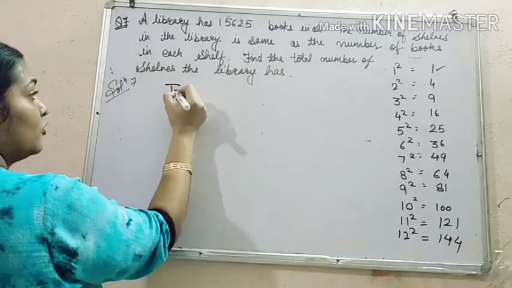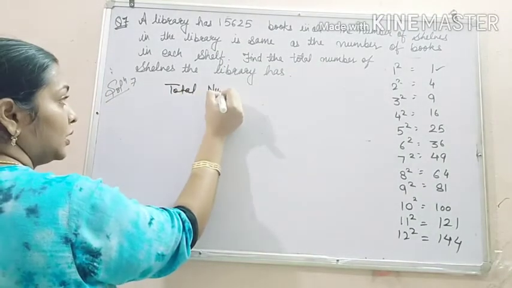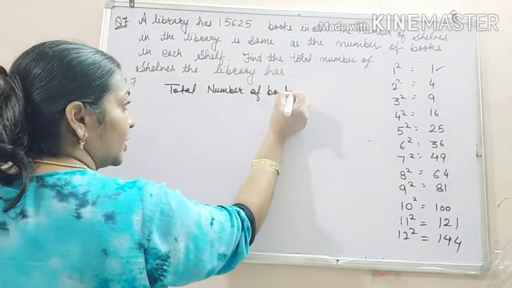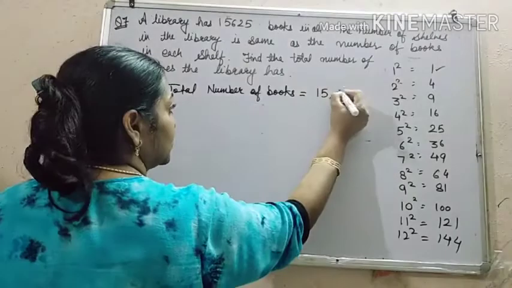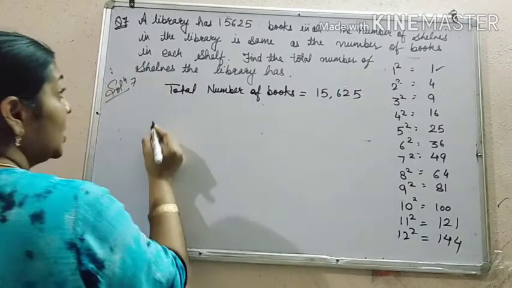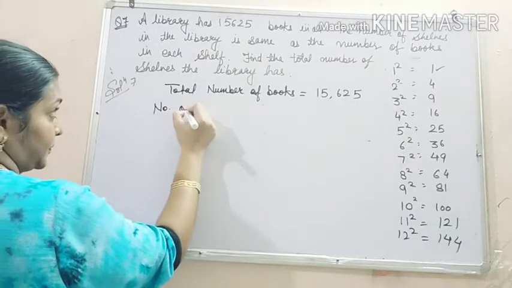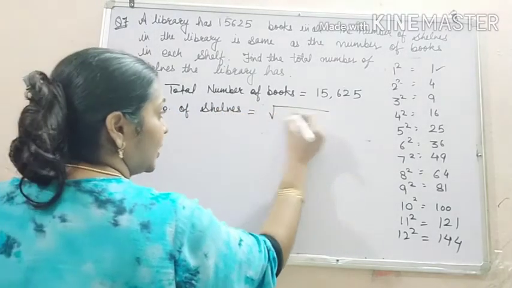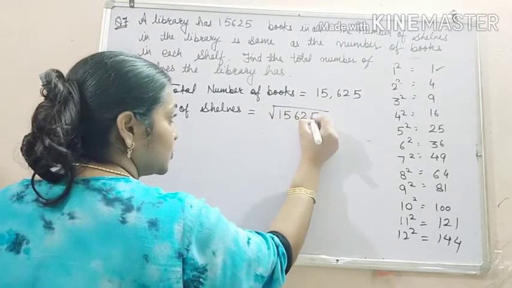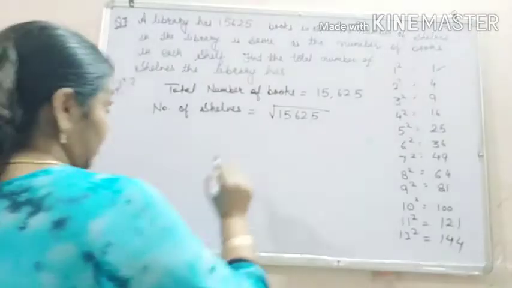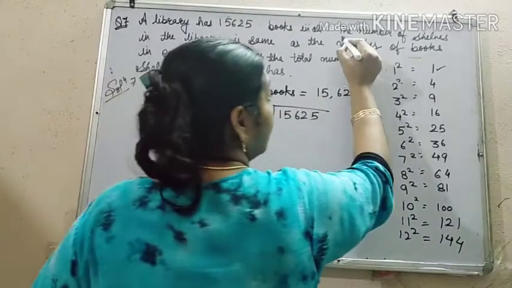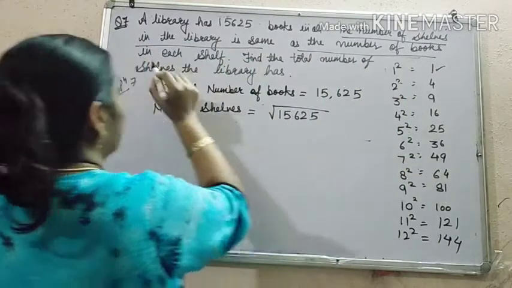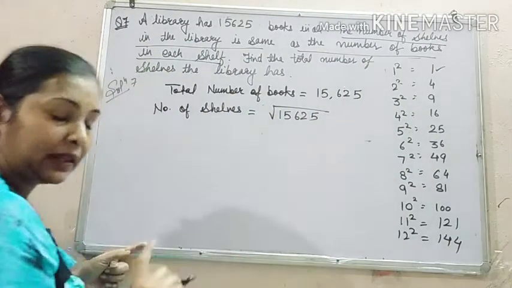So total number of books is equal to 15,625. Number of cells will be equal to under the root 15625. Why? Because in the problem it is given that the number of cells in the library is same as the number of books in each shelf.